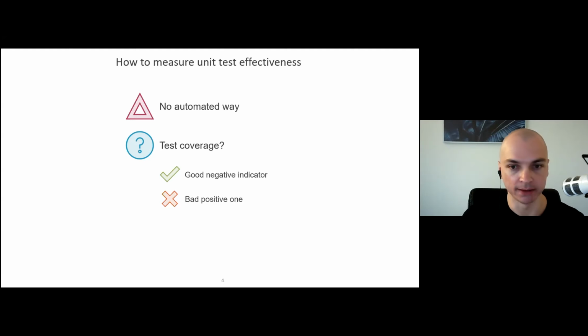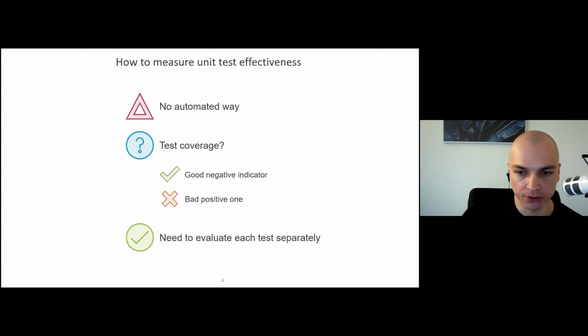So because of that, it's not a sufficient metric to measure your test effectiveness. The only way to do that is to evaluate each of those tests separately. That's unfortunately the only way I know of how to do that.